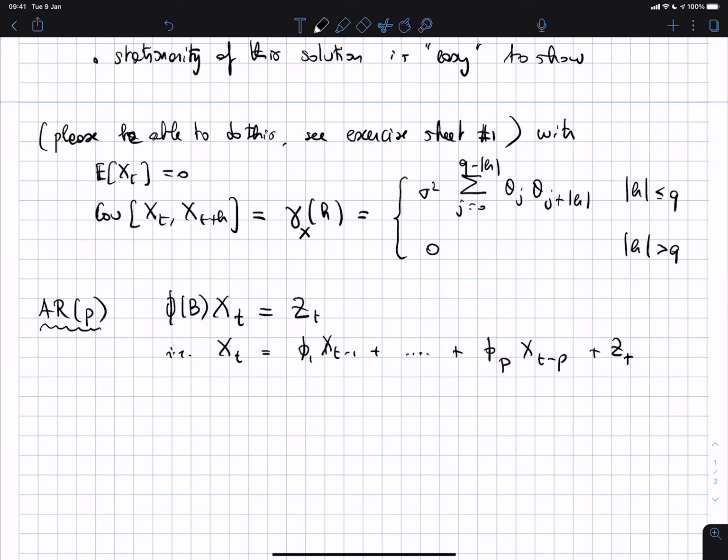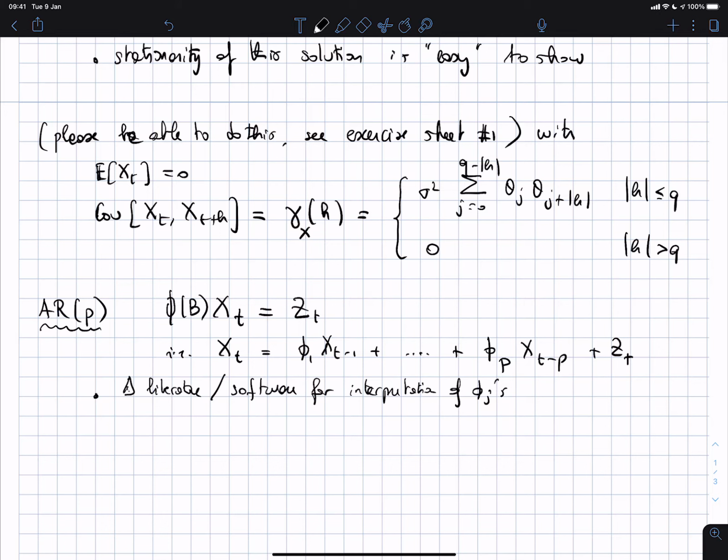So first remark is that be careful with the literature or with your software for the interpretation of the phi j's.